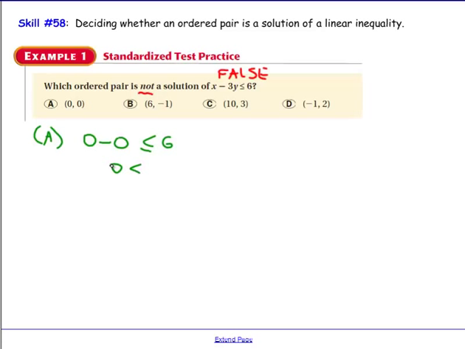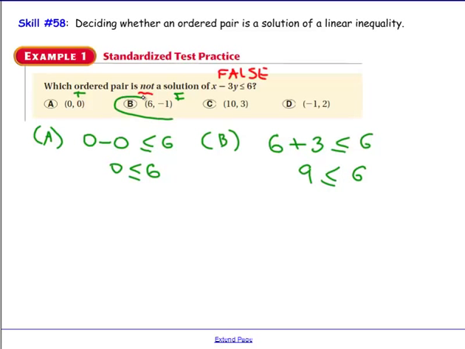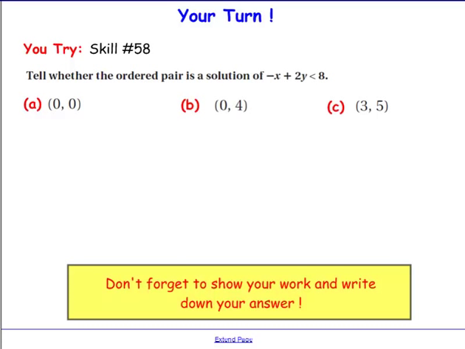So 0 is actually less than or equal to negative 6, so this is true. For B, I'm going to replace x with 6 and y with negative 1, so I get this. Now 9 is not less than or equal to 6, so this is actually false, and since they're asking us which one is false, this is my choice. So B is your answer here.